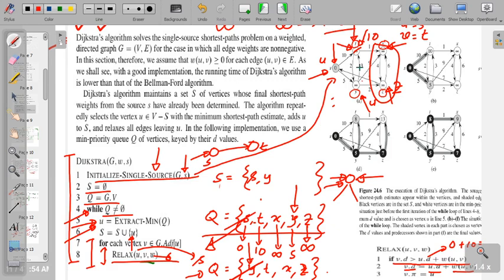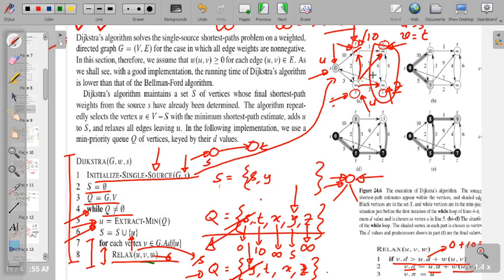Now this Y is discovered, and I have to check its adjacent vertices. I have to relax, that means via this Y, whether I can reach its adjacent vertices in a least costly way. These are the three adjacent vertices that I have to take.